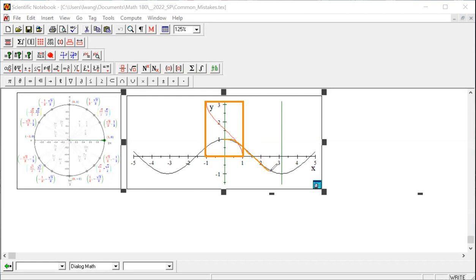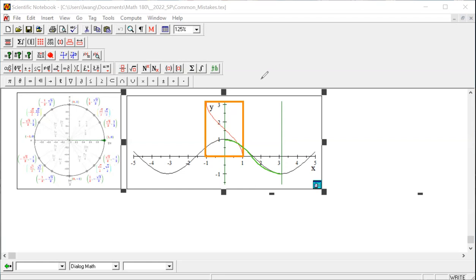Okay, I don't like that color. So this piece of cosine is the inverse to the red piece, arc cosine. So that is the cosine between 0 to pi, 0 to pi being the otherwise specified.